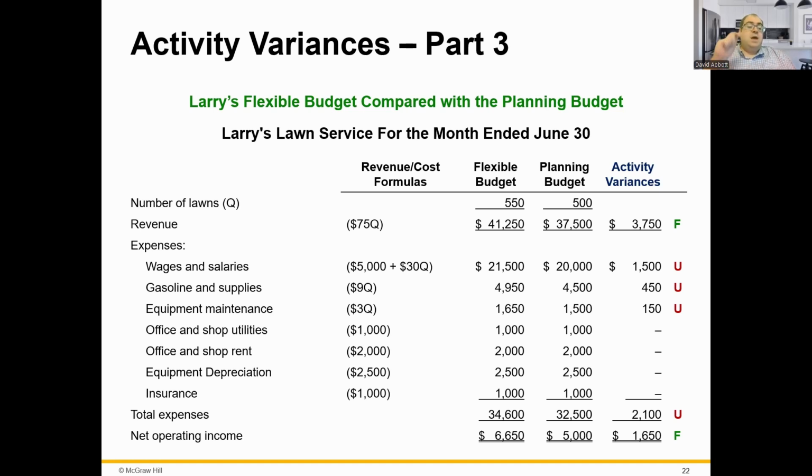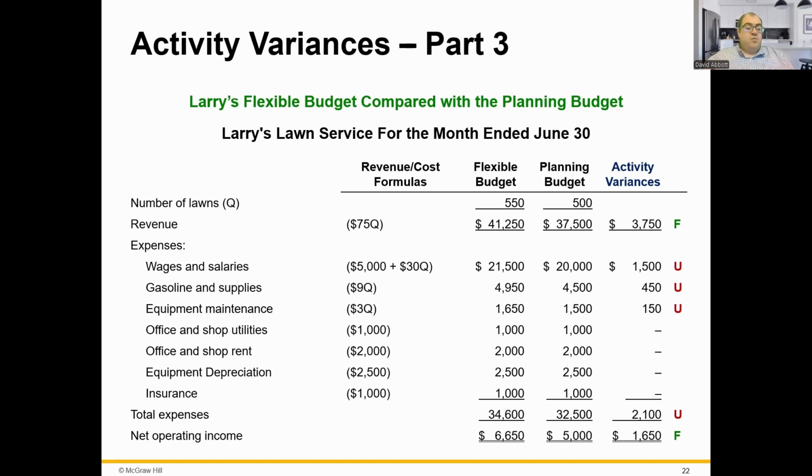The revenue in the flexible budget is 10% higher than the planning budget because the revenue varies proportionally to the change in the activity level. The variable costs in a flexible budget, gasoline and supplies, and also equipment maintenance, are 10% higher than the planning budget because variable costs also vary proportionally to changes in the activity level.